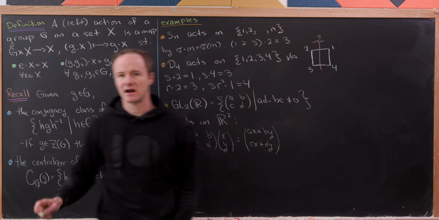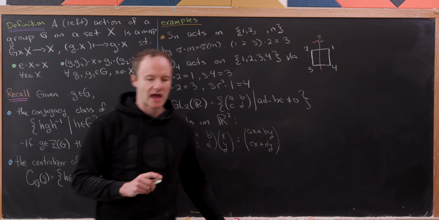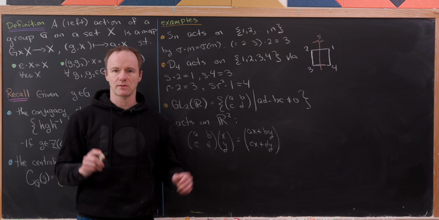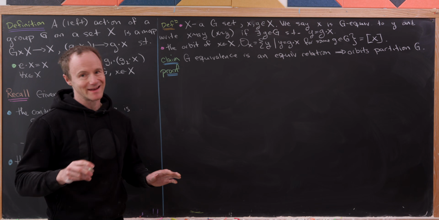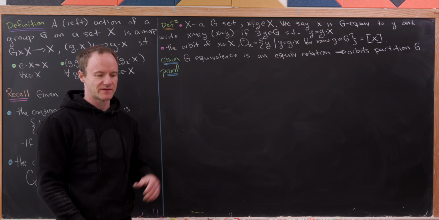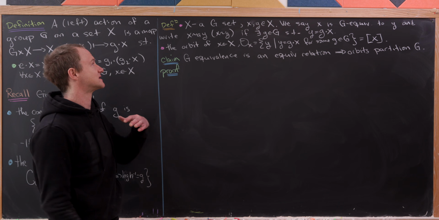Okay, so now that we've gotten our definitions taken care of and we've looked at some examples, let's start proving some simple results. So for our first little result, we're going to need another definition. I know there's a bunch of definitions here, but they are all necessary.